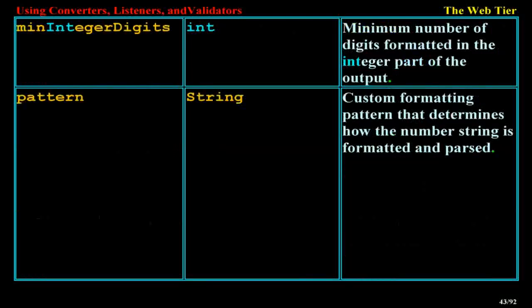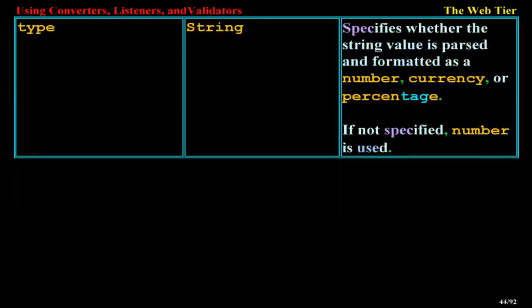Min integer digits, int, minimum number of digits formatted in the integer part of the output. Pattern, string, custom formatting pattern that determines how the number string is formatted and parsed. Type, string, specifies whether the string value is parsed and formatted as a number, currency, or percentage. If not specified, number is used.